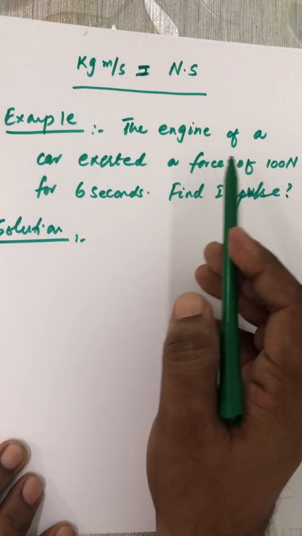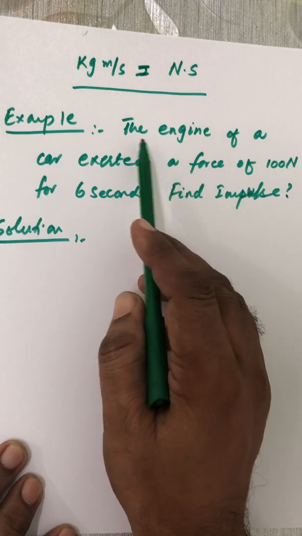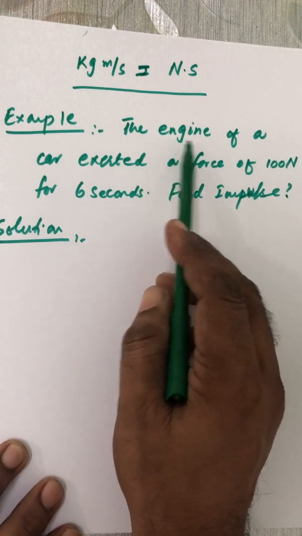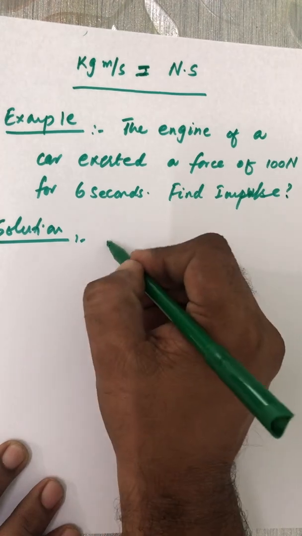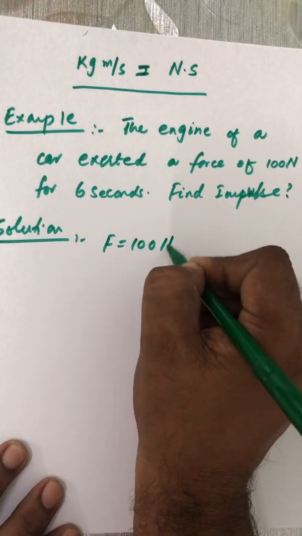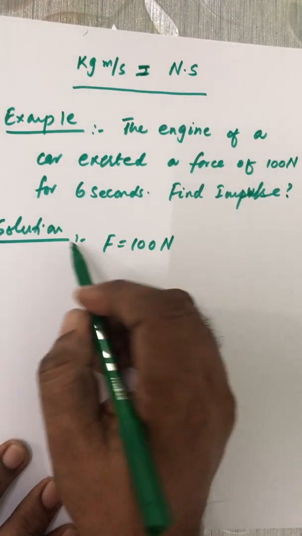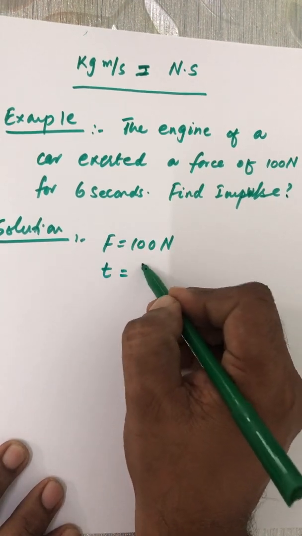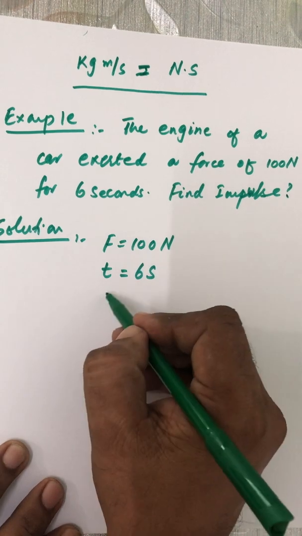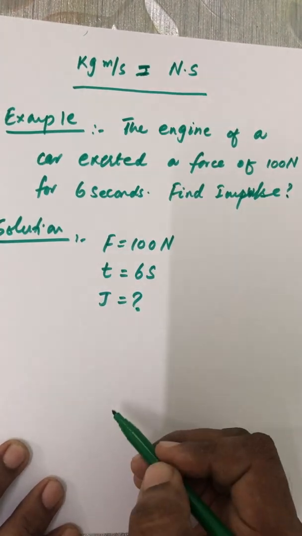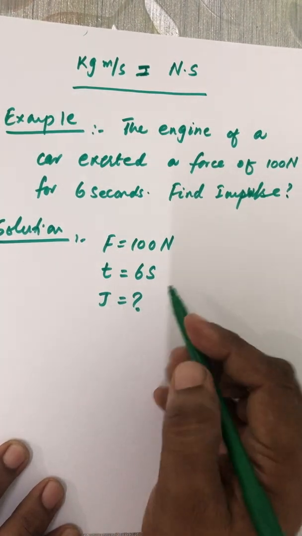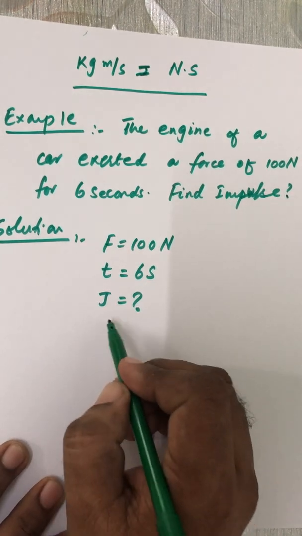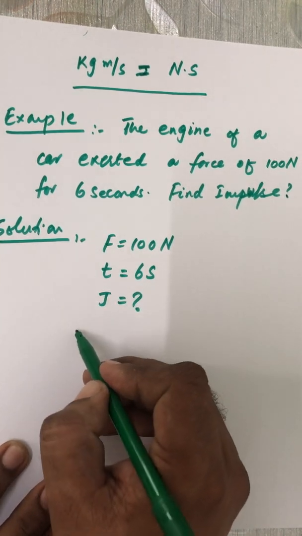Very simple. Make the list of the provided quantities. How much is the force? That is 100 Newton. Now, for how long did the force act? That time, or change in time, is equal to 6 seconds. Find the impulse. So J is needed. J means impulse is needed. Secondly, after this you have to write the formula.